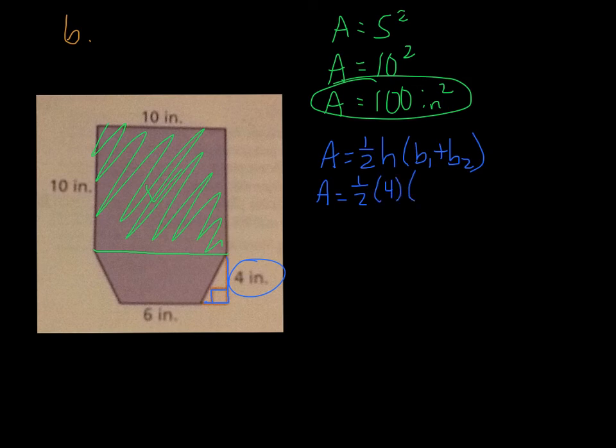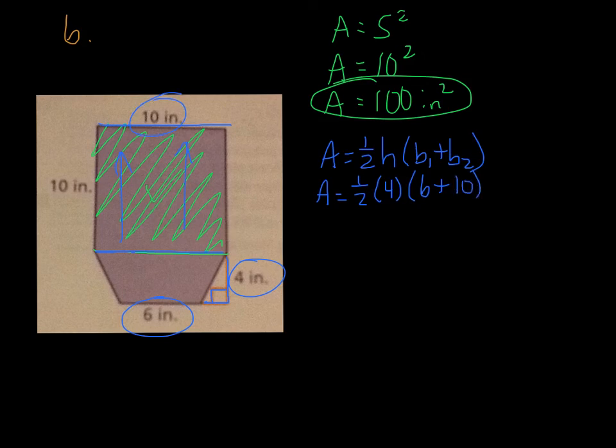My base 1 and my base 2, again, we can flip-flop these. It doesn't matter. It's still going to work. But base 1 would be 6 inches. And base 2, there's nothing here, but as you can see, if you look straight up, this line matches identically, so it would be 10 inches.